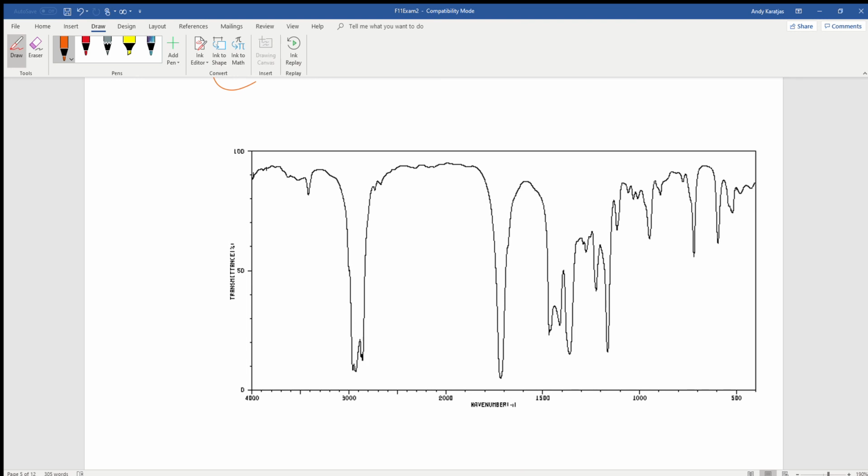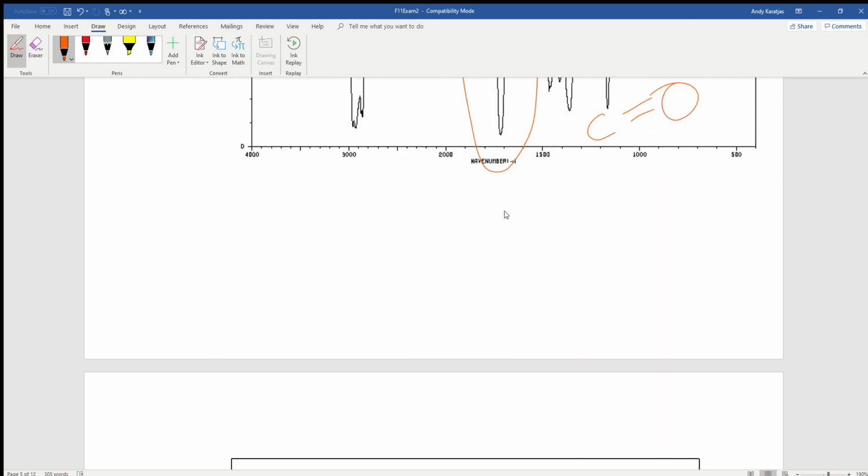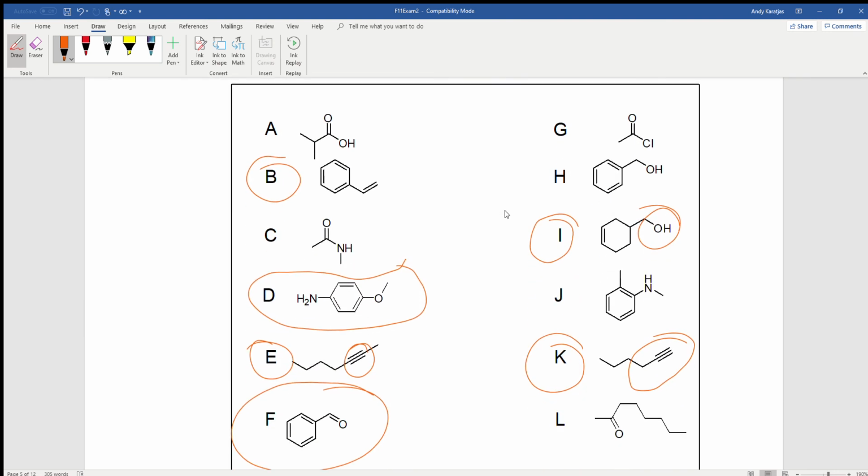Finally, our last spectrum has only one important peak. Just above 1700, it shows us a very, very strong carbonyl peak. So if we look at the possible carbonyls on our list, and there are several of them, A, C, L, and G, how can we distinguish between them? Well, compound A has an OH group.